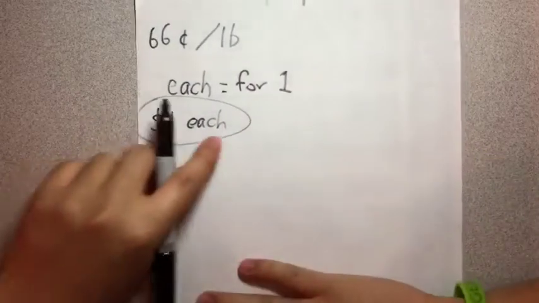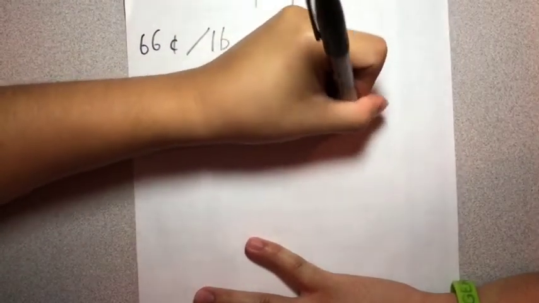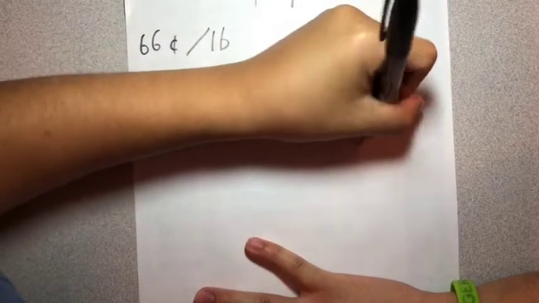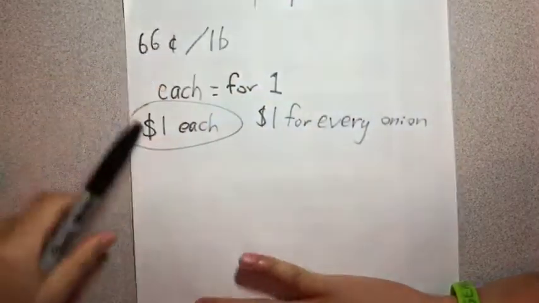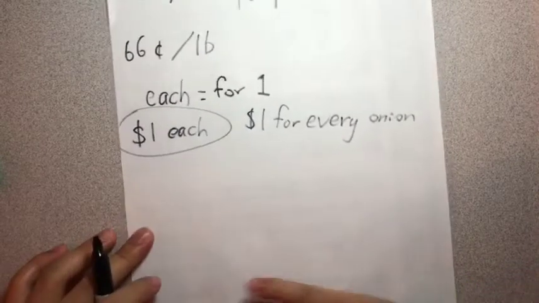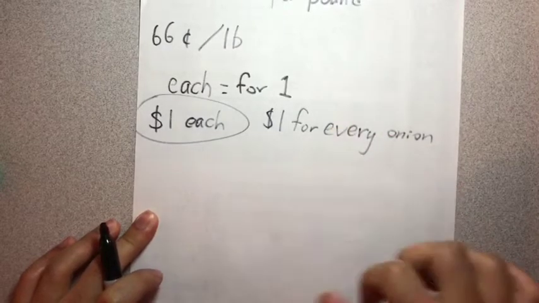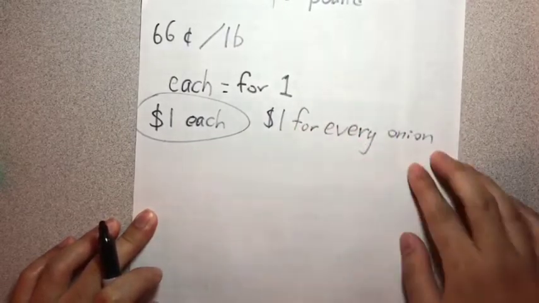This onion is $1 each. It means $1 for every onion. $1 is the cost of every onion. So if you buy 2 onions, that's $2. If you buy 5 onions, it's $5.